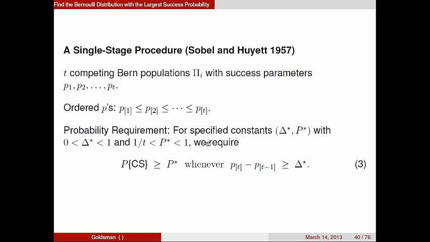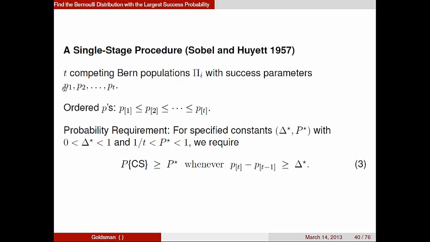So here we go. I apologize for the notation, but it's not so bad. You have T competing Bernoulli populations with success parameters P1 through PT. This means my first anti-cancer drug has probability P1 of curing me. My last one has probability PT of curing me.